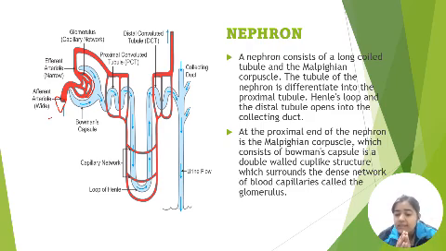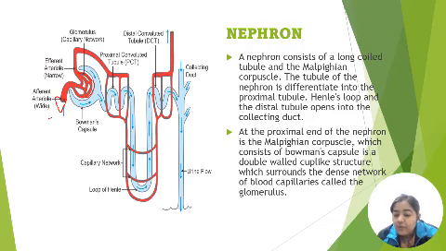Actually, a nephron is divided into three parts: the proximal tubule, that is PCT, DCT, and a collecting duct. Now, the glomerulus is connected with the PCT, the proximal convoluted tubule. Then the proximal convoluted tubule is connected with a strong helical structure that we call Henle's loop, and after that Henle's loop comes the DCT.